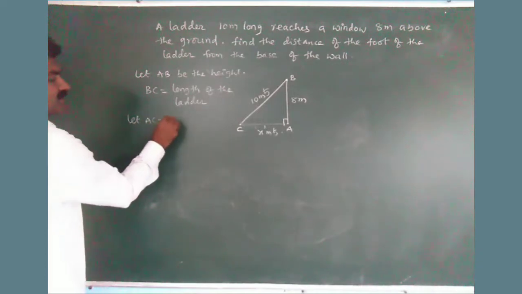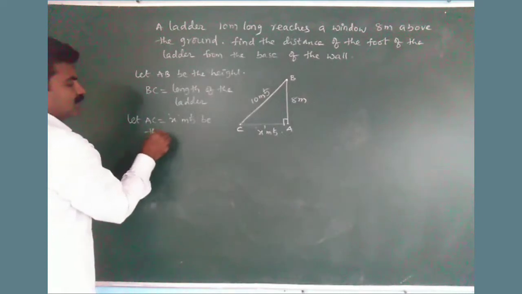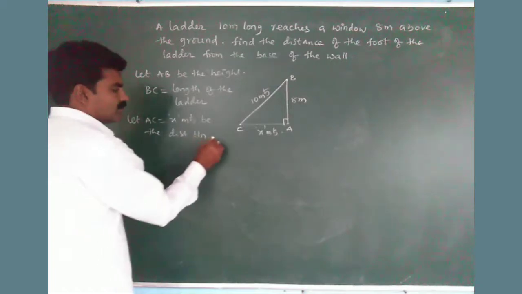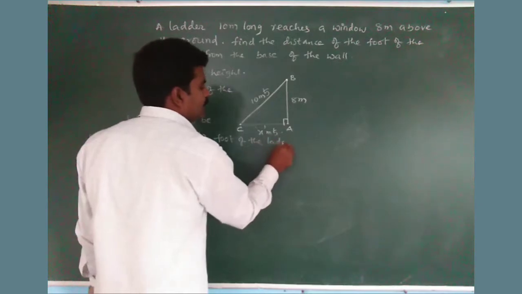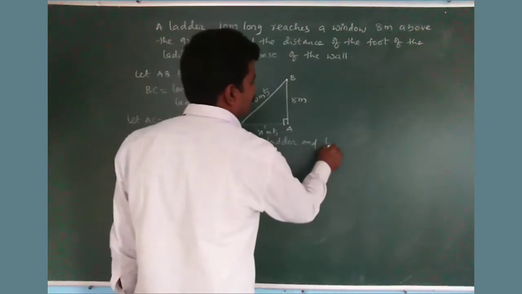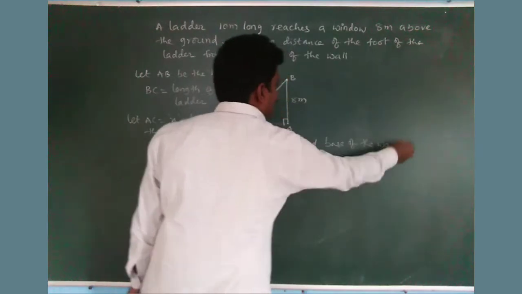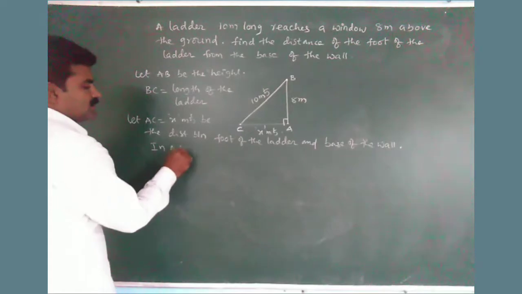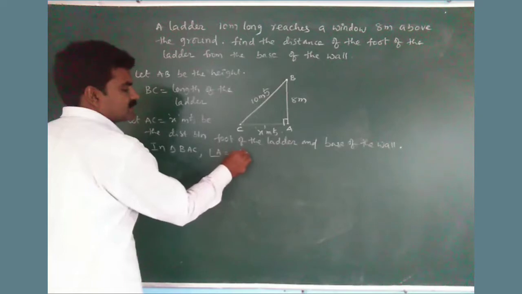Also assume that AC is equal to x meters, the distance between the foot of the ladder and the base of the wall. Okay. So once again, in triangle BAC, angle A is 90 degrees.